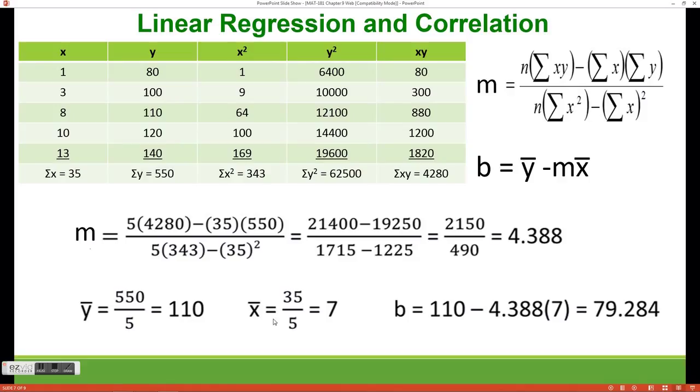And for the x values, the sum of the x values is 35, divided by n would give us 7. I can now use those values of 110 and 7 for y bar and x bar, plug them into the slope formula, and I would get a y-intercept of 79.284.